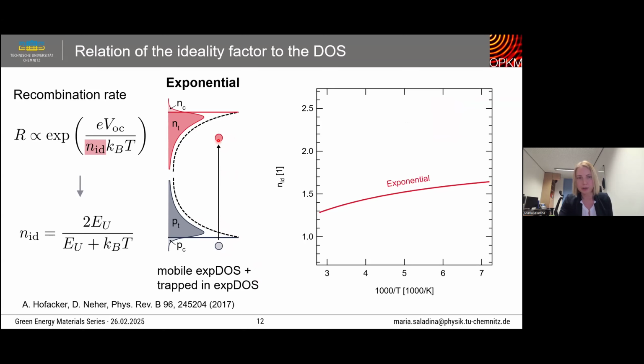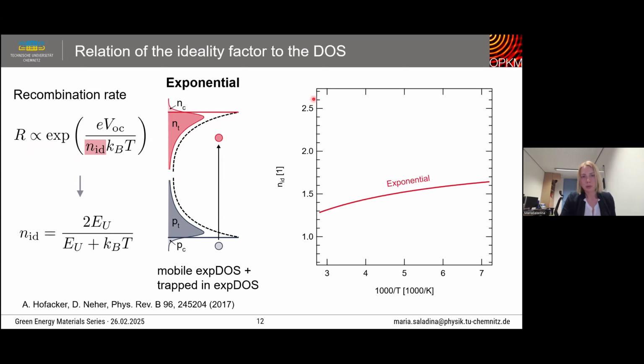As we know, in organic semiconductors recombination is mostly trap-assisted, so this is the dominant channel that I will be describing. And here the ideality factor is really connected to the recombination rate. And if we do our math, we will see that the ideality factor depends on the characteristic Urbach energy, and this is really just the slope of the density of states.